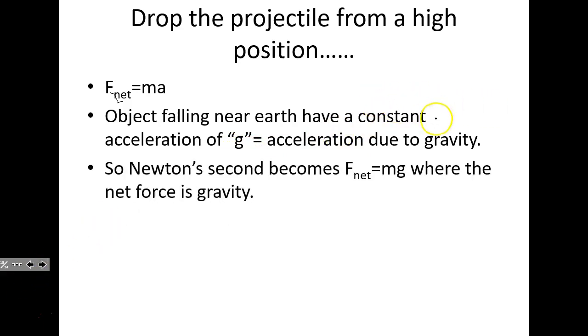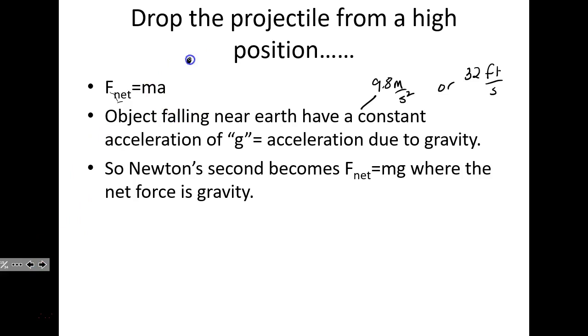That value is either, depending on the unit system you're using, 9.8 meters per second squared, or 32 feet per second squared if we're looking at the imperial system. So Newton's second law becomes F net equals mg, where g is the acceleration that's caused by gravity. And gravity here is the net force.